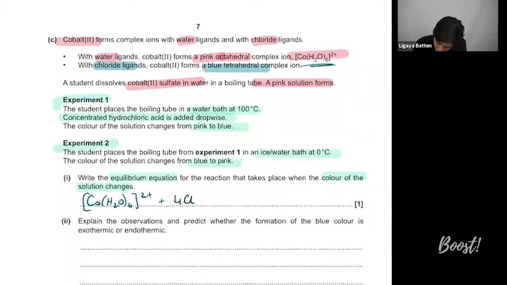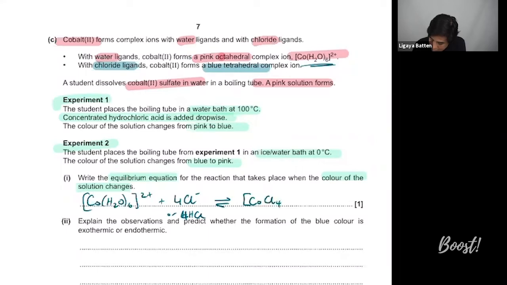Usually it's more common to add the chloride ions, but like you said, you can add the hydrochloric acid instead. Okay, make sure you do a reversible reaction because we know this is an equilibrium equation and that this can go back and forth. Okay, then it turns into the cobalt chloride complex.